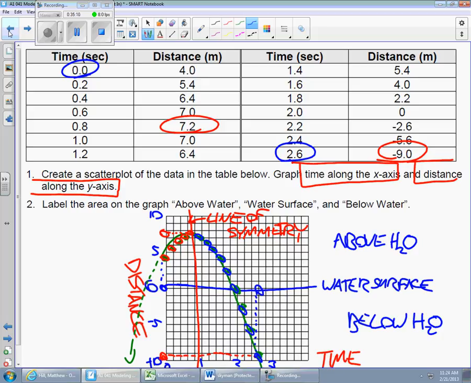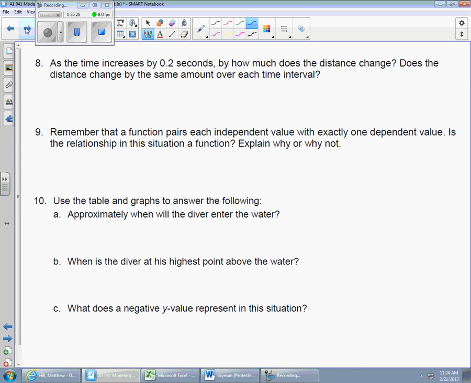Well, the answer is really pretty simple. Is this a straight line? No. Does this have a slope like rise over run? Could I go rise and run, rise and run, rise and run, rise and run, and get this graph? No, not even close, right? So this is kind of the dumb question of the day. Does the distance change by the same amount over each time interval?